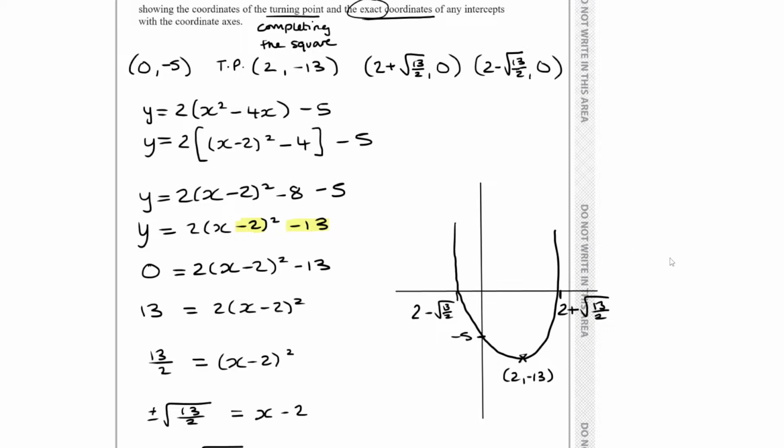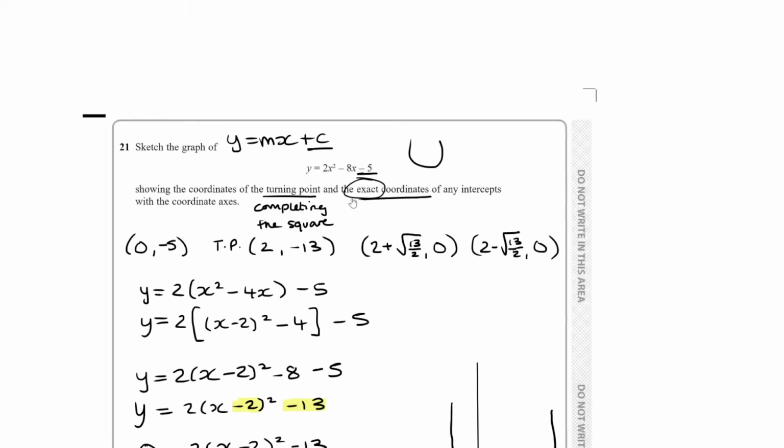You can work it out as an estimate, but I don't think they would accept that because they said exact coordinates. They didn't say an estimate, so I wouldn't estimate it. They don't want a rounded version, if you see what I'm saying. That's why they mentioned exact.